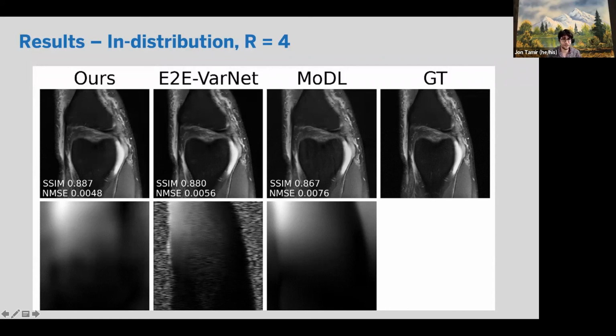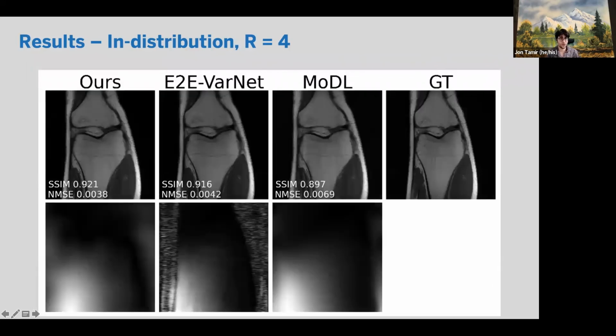And I'll also mention that we're not cherry picking any of these results. These are just arbitrarily chosen from the test set. And so here's another example of a different contrast, and we see a similar trend where MODL, which uses estimated sensitivity maps pre-computed beforehand, still has some residual aliasing that you can see.